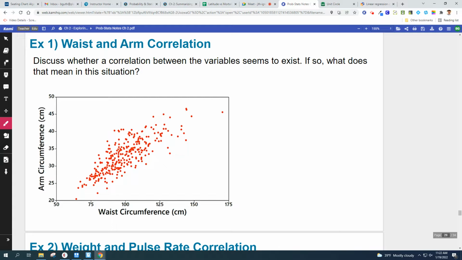So basically, you're just looking at the pattern. It seems to be increasing, right? It seems to be going uphill. If I tried to draw a line through, that line's a decent representation of the dots. I'm not going to hit them all, but it seems to have a positive correlation.